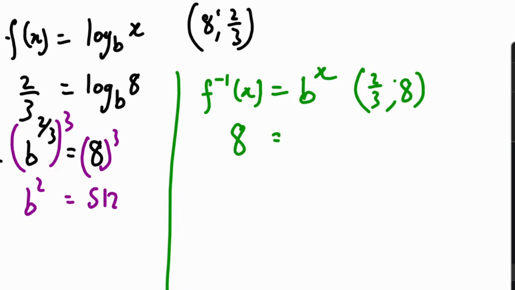So then you get 8 is equal to b to the 2 over 3, which is essentially the same thing that you had with the logarithm. But with the exponential, the catch is here. I know how students are not always confident with the switch from log to exponential, but if I ask you to substitute coordinates in exponential form, you can do that, and it will be pretty easy. So from here, you're going to do the exact same thing. All right, so this is the long and the short of dealing with the exponential and the logarithm.